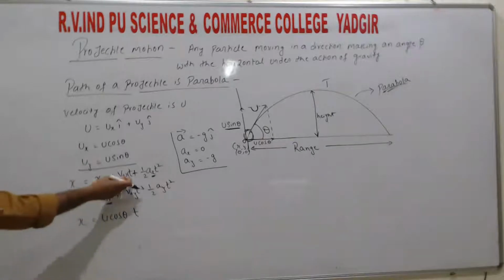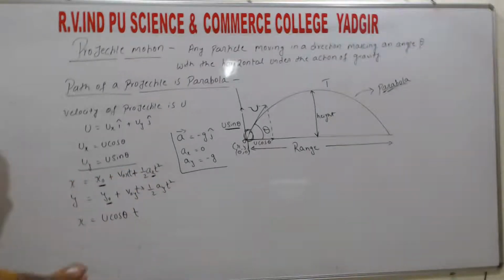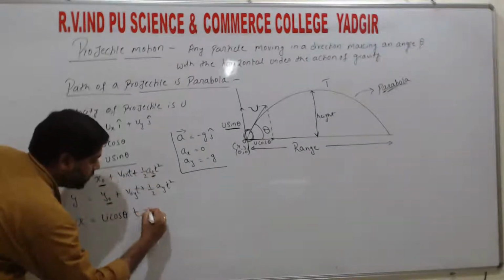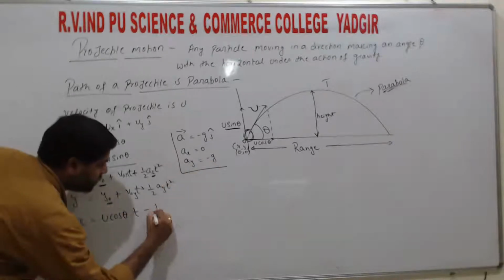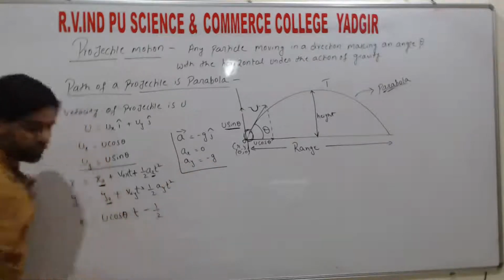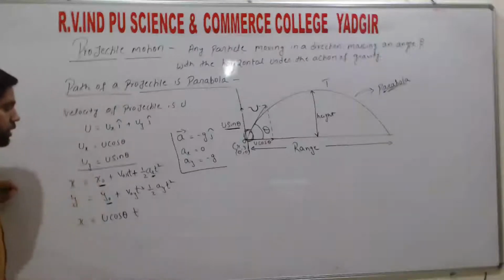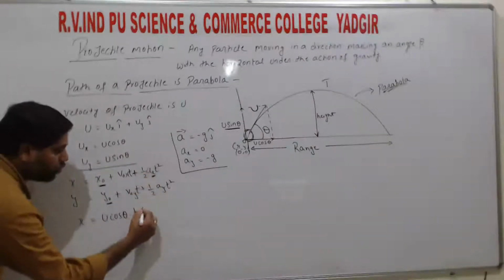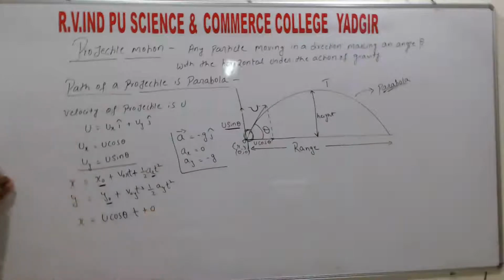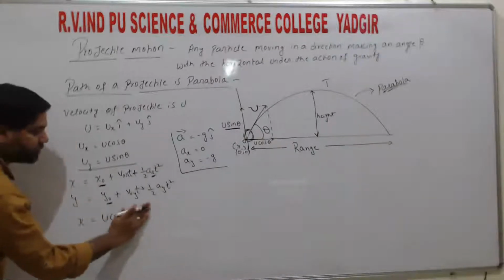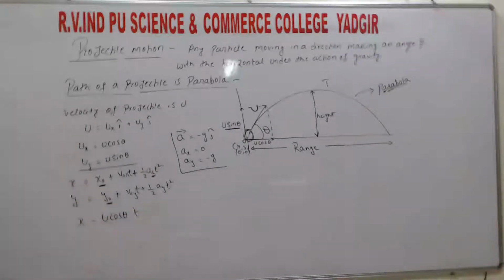Into t, right? So that is ut plus half a t square, right? Since ax is 0, the whole term becomes 0. So directly we can write x equals u cos theta into t.